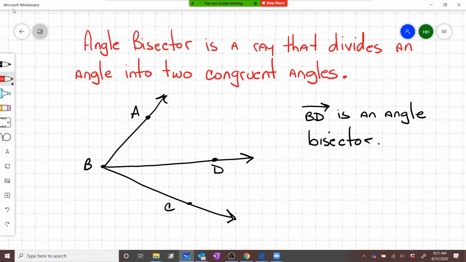Alright? These little arc marks, one red arc in angle ABD and one red arc in angle DBC, means that angle ABD is congruent to angle DBC. If this measure right here is 40 degrees, then this measure right here is also 40 degrees.